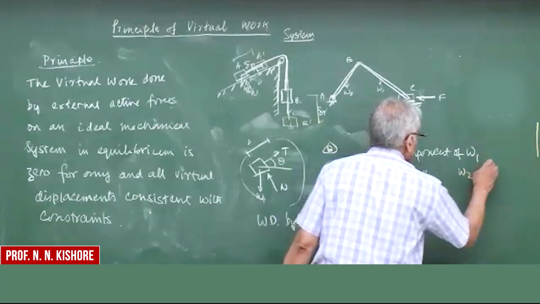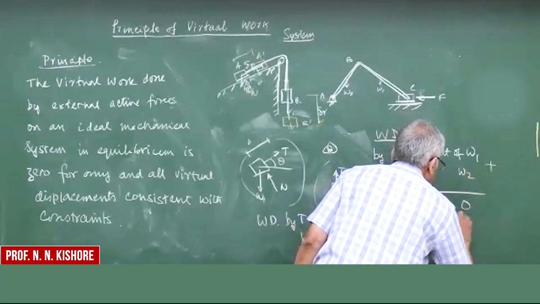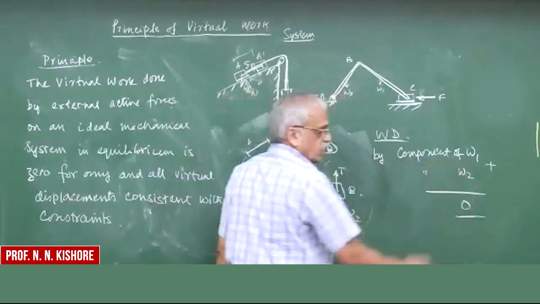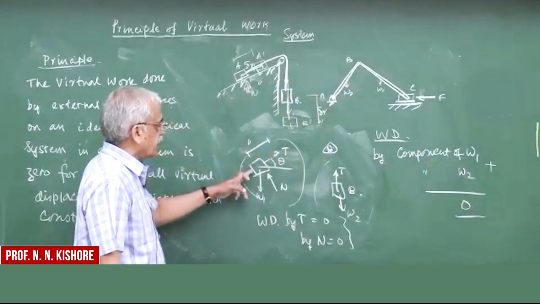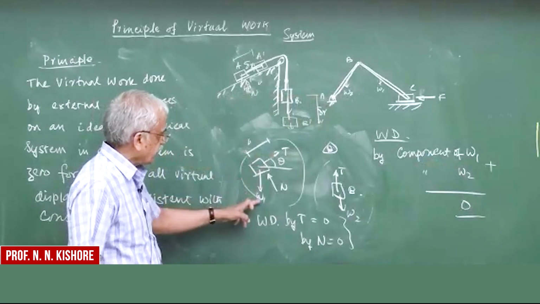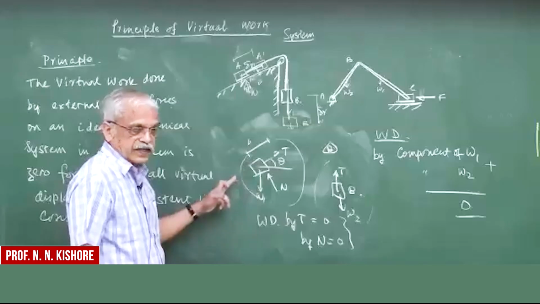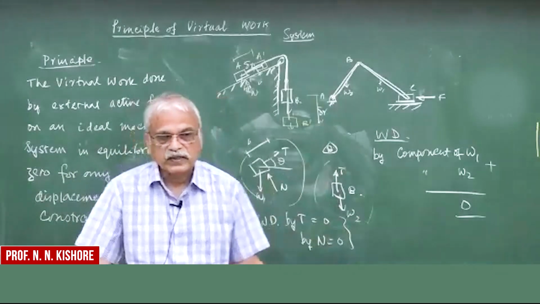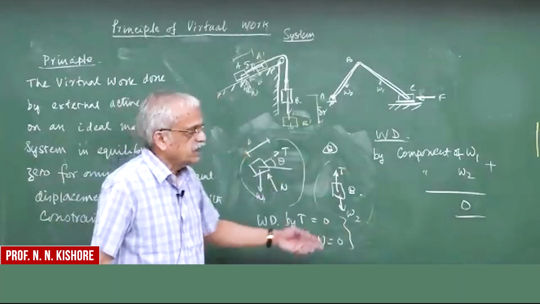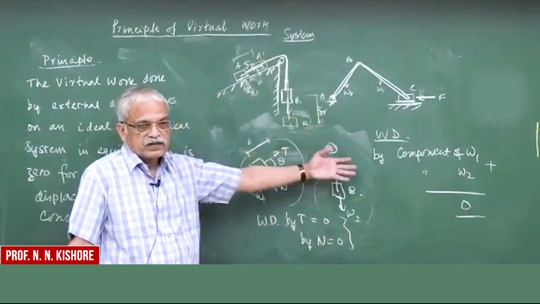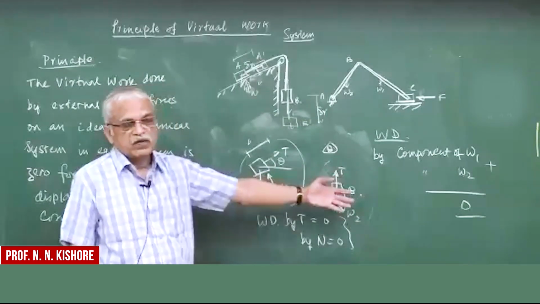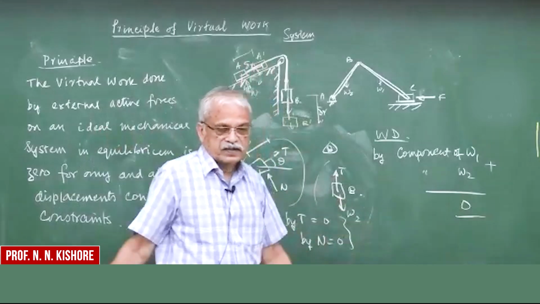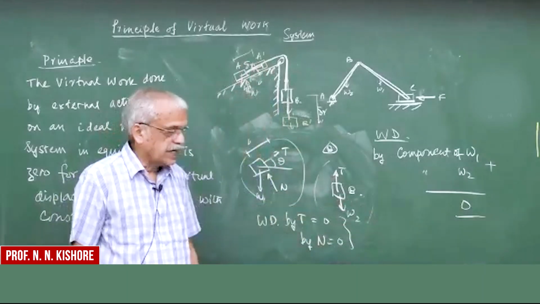If you add these two, then it will be 0. Essentially the work is done by the component of W1 along the inclined direction and the component of W2 obviously along the vertical direction. So that means that you will get one simple equation connecting W1 and W2 together with the arbitrary displacement delta R. You have to see how you can eliminate it.